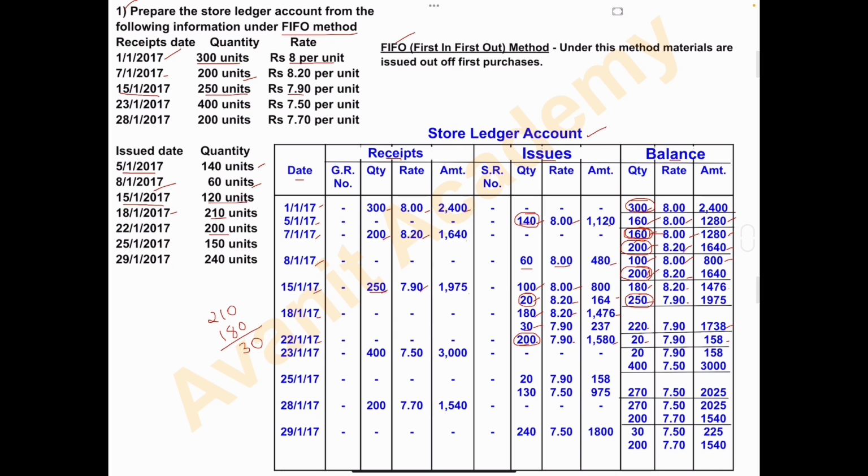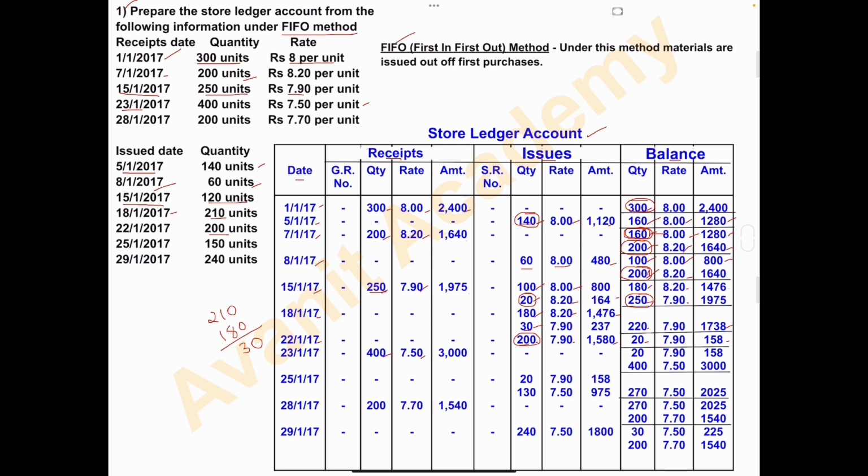Next see the receipt date. On 23rd January, 400 units are purchased at rupees 7.50 per unit. In receipts column, write quantity 400 units and the rate per unit is 7.50. Multiply 400 into 7.50, you will get 3000 rupees.